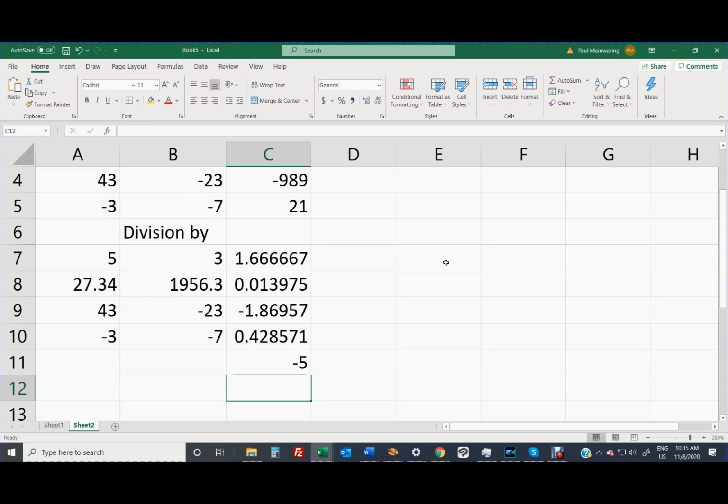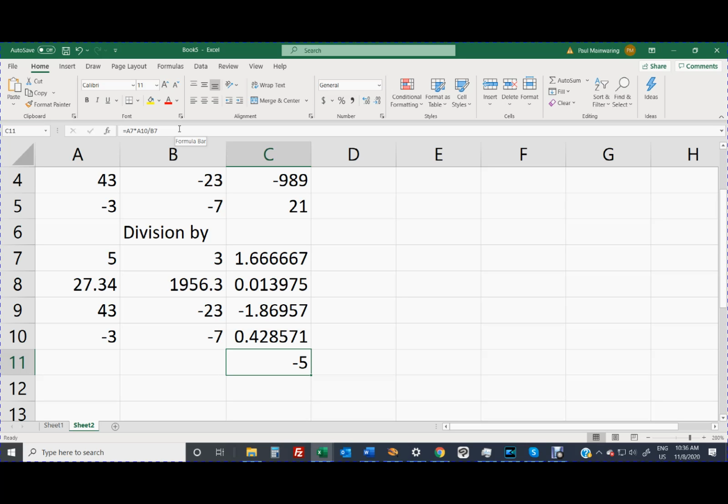Why? Because what we did, we multiplied by minus 3 and divided by minus 3. It cancelled the minus 3's out. So it follows the rules of math. So it shows you can do anything. If we go and look, you can see up here, A7 times A10 divided by B7.